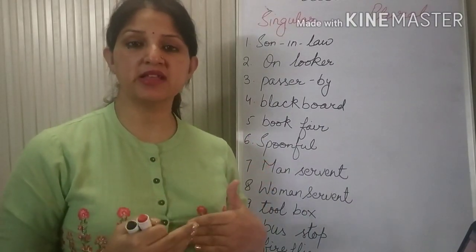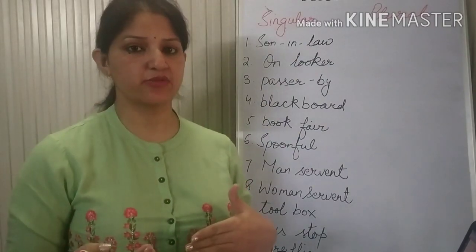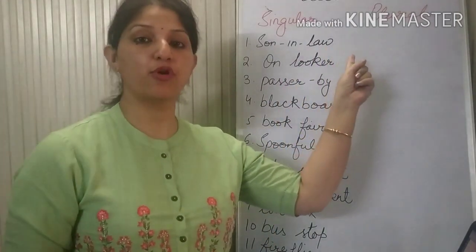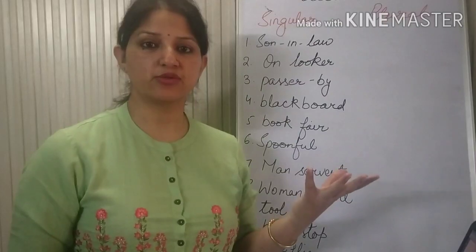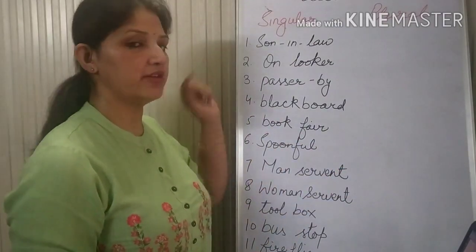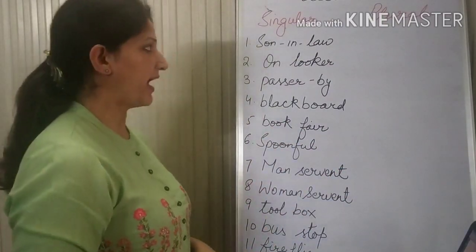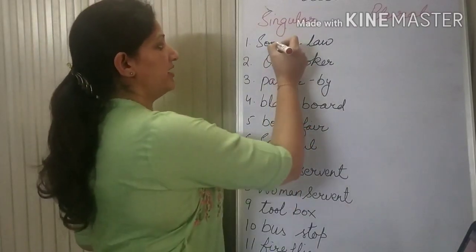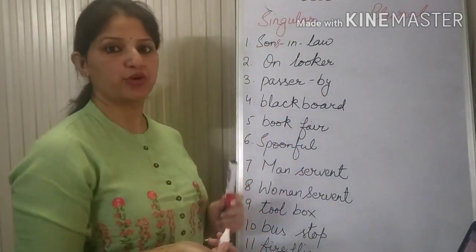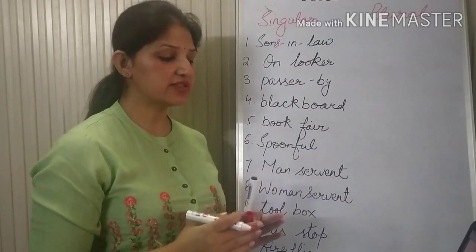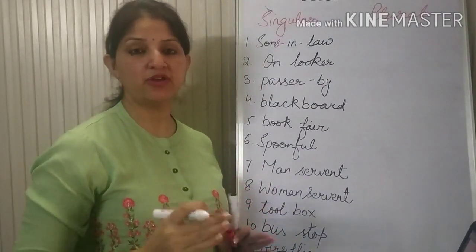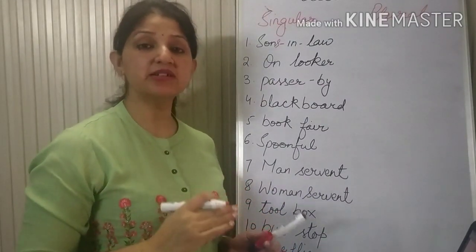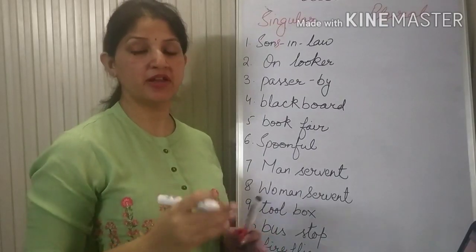When there are many sons, we say sons, right? We cannot make the plural of law. We cannot say laws, okay? So the main word over here is son. So we will add an s to it and write sons-in-law, okay? Likewise, if there is a word like mother-in-law, we can say mothers-in-law. We cannot say mother-in-laws, okay?